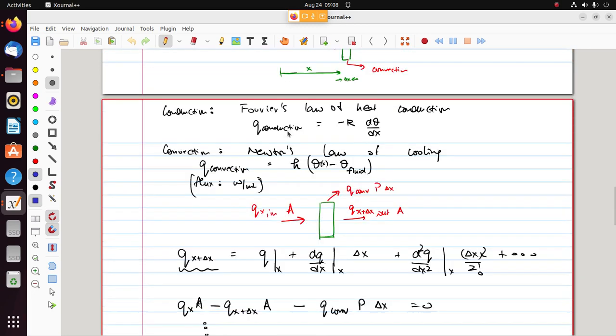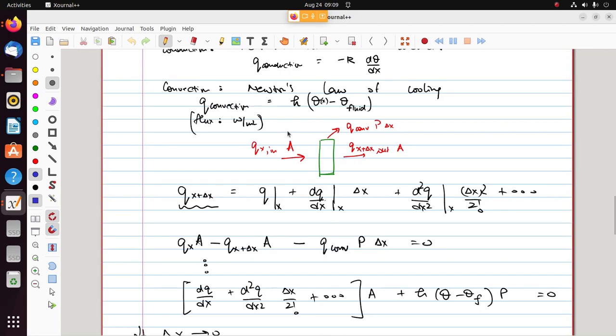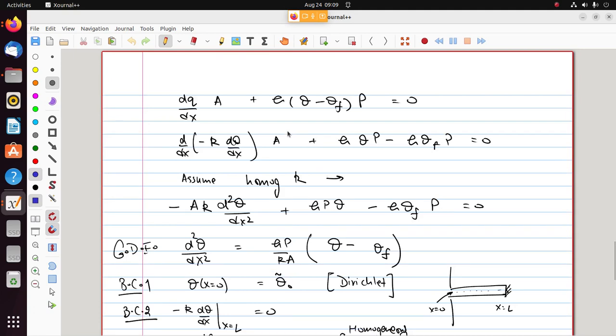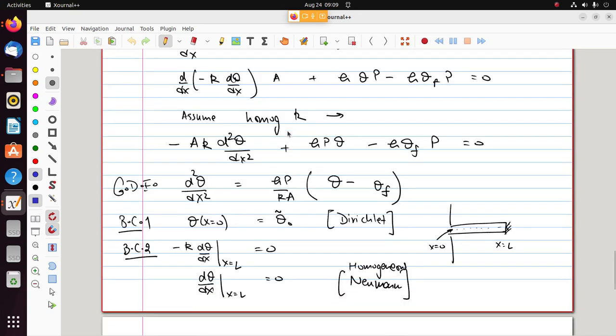If we do some energy conservation, energy per unit time, what do we get under the limit that delta x tends to 0, because this is a governing differential equation. So this is valid continuously on the domain. We get a governing differential equation which has a second derivative of theta with respect to x, and we also have a term of theta.